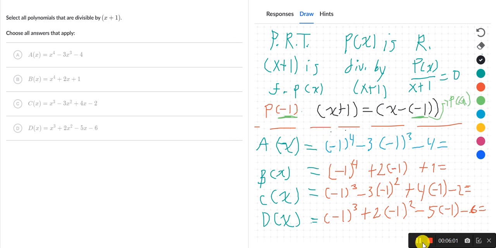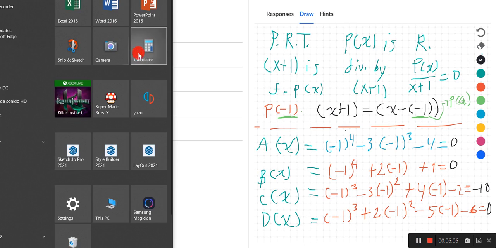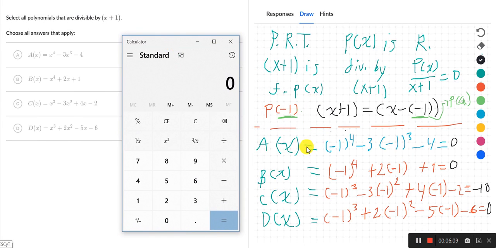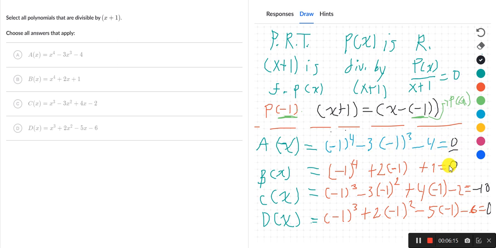Okay, so after you're done with the arithmetic of each problem, you end up with 0 here, 0 here, negative 10 here, and 0 here. Please go use your calculator to check these values. So what it's telling me is that this one, C, is not fully divisible. So you need to select A, B, and D. And that would be the end of that problem.